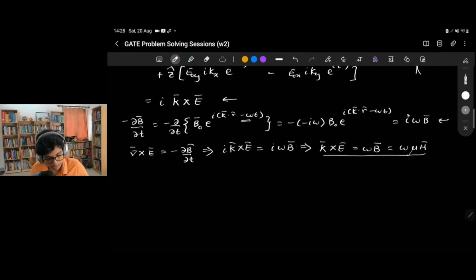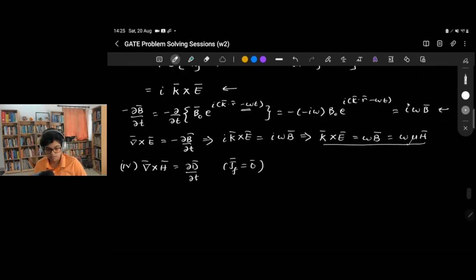Now, you would do a similar thing with the fourth Maxwell's equation. This time we have curl of H instead of curl of E, because the free current is 0. So J_f is equal to 0.